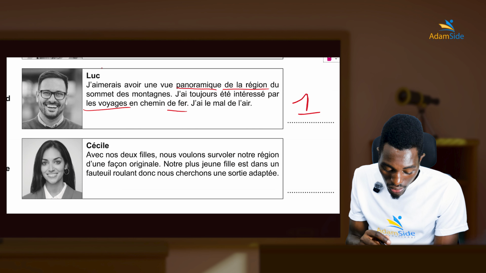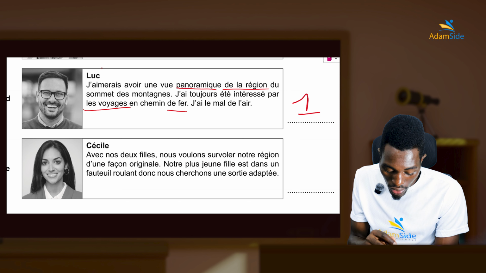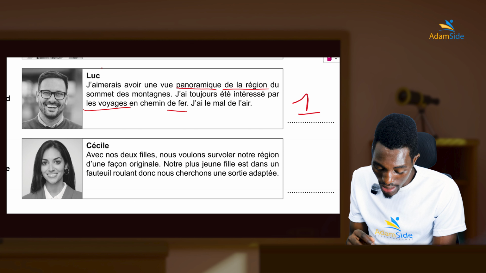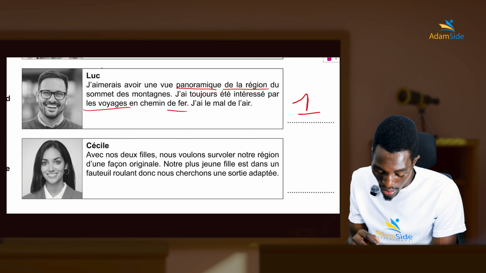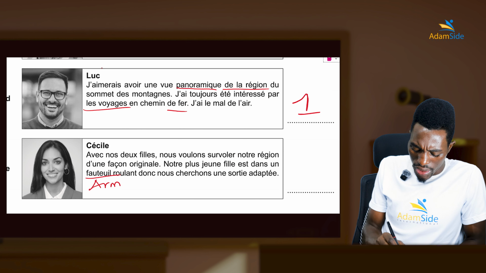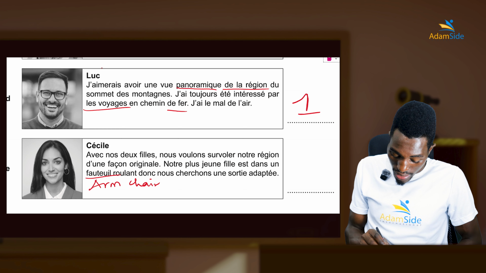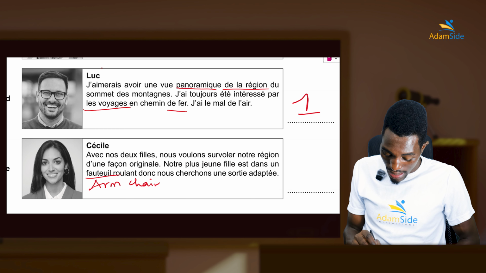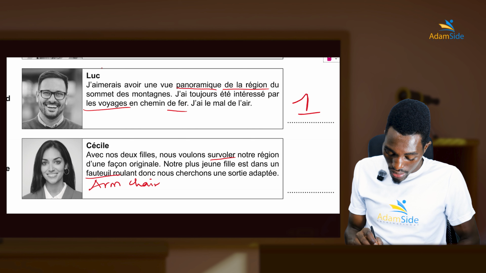Let's do it, Cécile. Avec nos 2 filles, nous voulons survoler votre région d'une façon originale. Notre plus jeune fille est dans un fauteuil, an armchair. That's the fauteuil. So, with our 2 daughters, we wish to fly over our region in an original way.